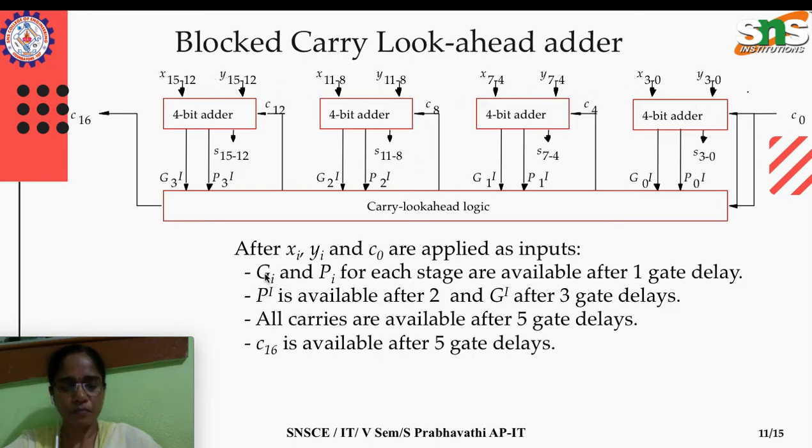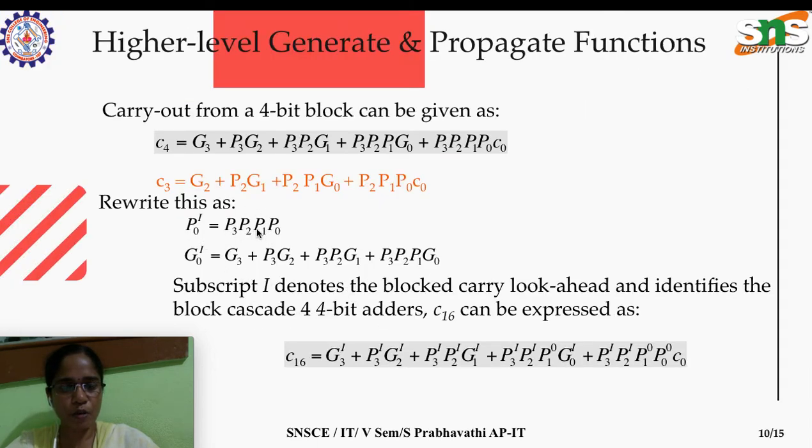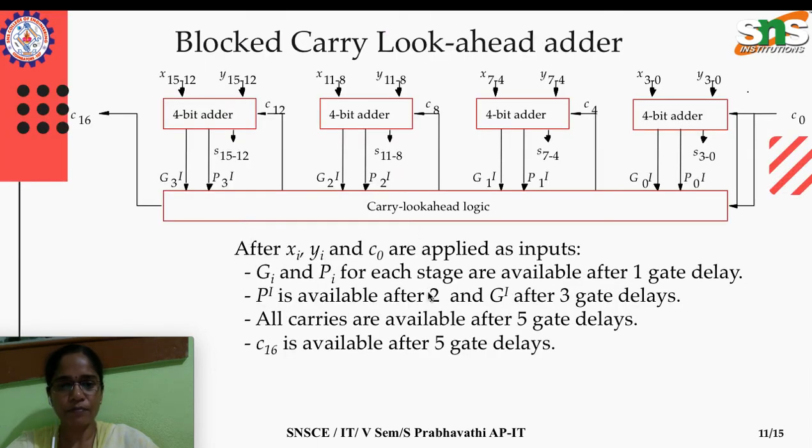Coming back to the delay in this blocked carry look ahead adder, calculating GI and PI will take one gate delay each, and the block P again depends on two more. So this one gate delay, and for this also one gate delay is required, so totally two gate delays. And likewise G lowercase I will take one gate delay.